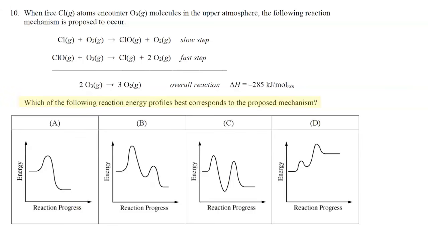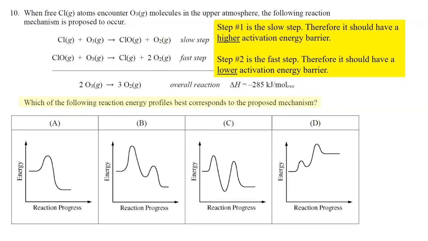Now, back to this question. It is a slow step for step 1 and a fast step for step 2 in this mechanism. Since step 1 is the slow step, it should have a higher activation energy barrier. And since step 2 is the fast step, it should have a lower activation energy barrier.